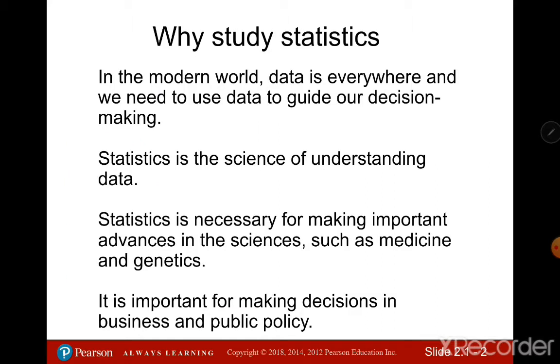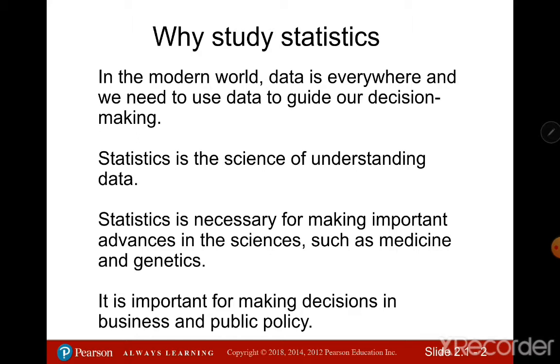Okay, before we start our new topics, let's talk about why we should learn something about statistics. We already know our world is a big data world, and statistics is the science of understanding data. It will help us to understand and describe the data.